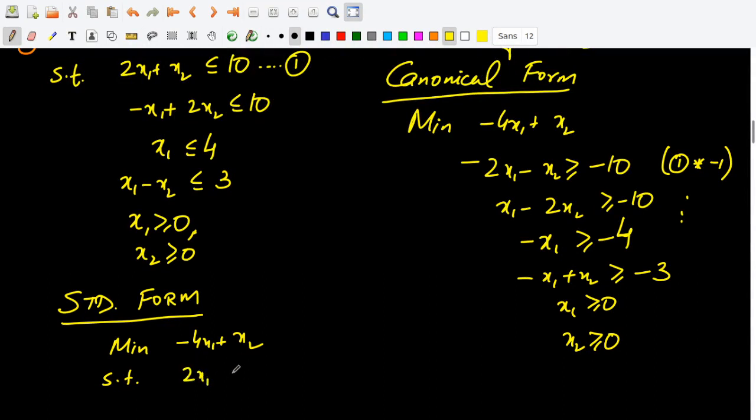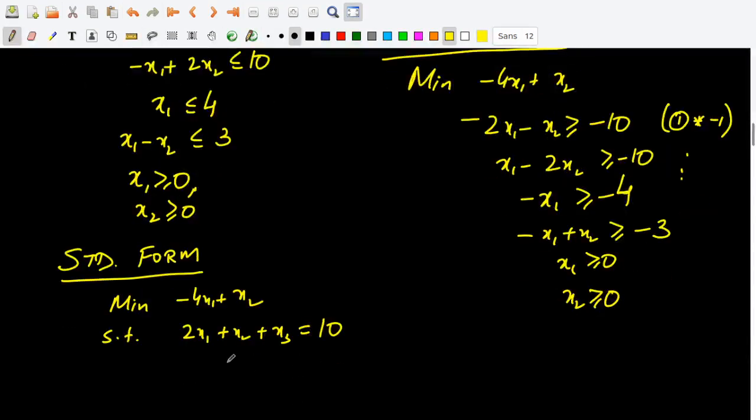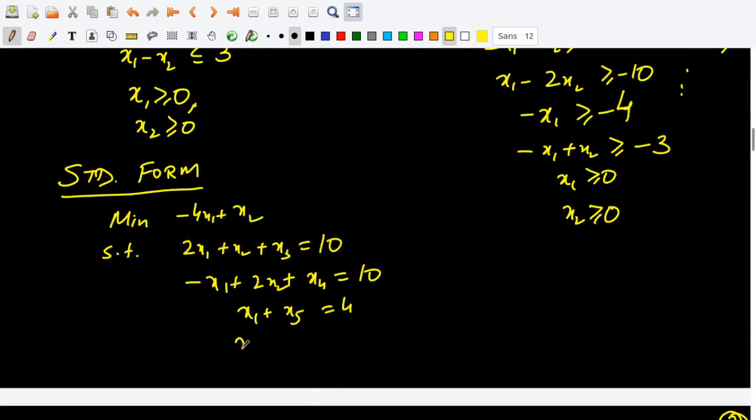So I will get x1 plus x5 equal to 4, and x1 minus x2 plus x6 equal to 3, and xi greater than or equal to 0, i equal to 1 to 6.